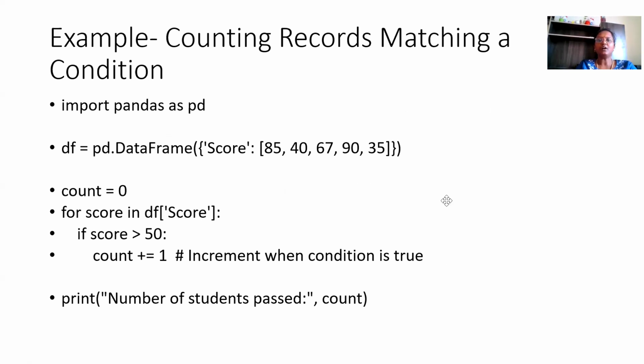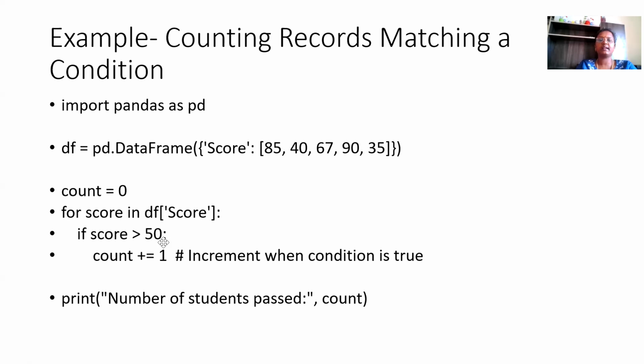And one more example, counting records matching a condition. For example, here you can see that we have taken the data frame, that's the input data, with the score: 85, 40, 67, 90, and 35. We always start the count from 0 and we set the condition on the score data.